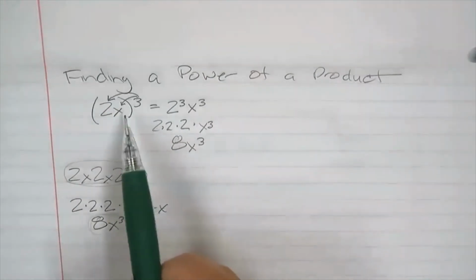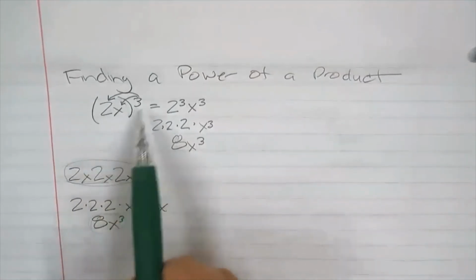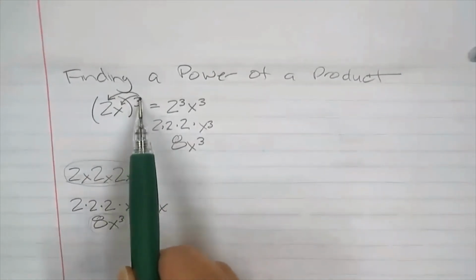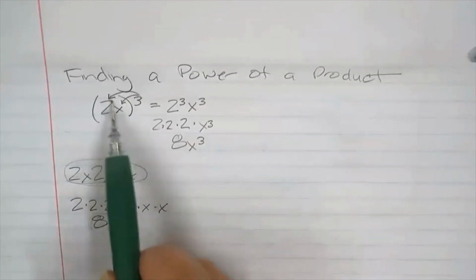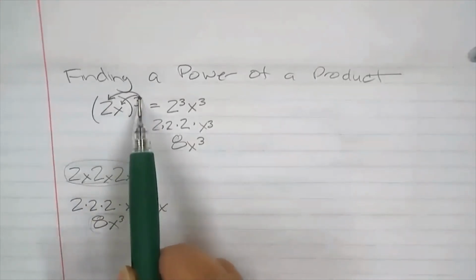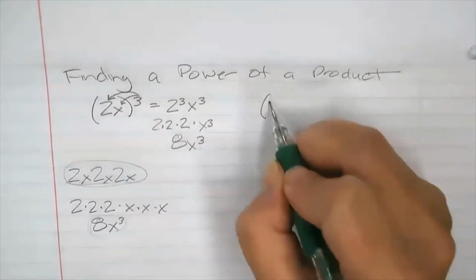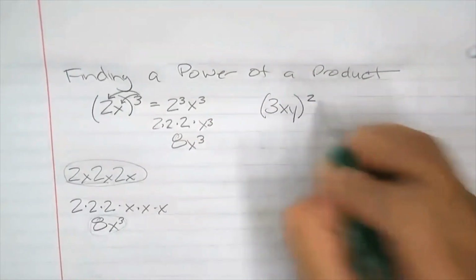So when you have a multiplication problem like this inside the parentheses with an exponent outside, it's kind of like the distributive property. You're going to apply this exponent to the first term, and then you're going to apply this exponent to the second term. So let's do one more. 3 times x times y squared.